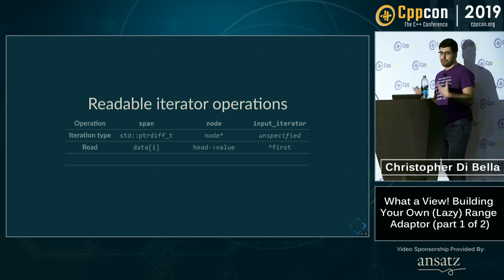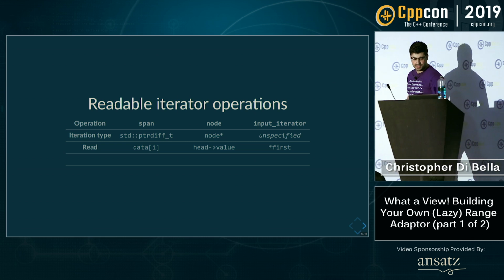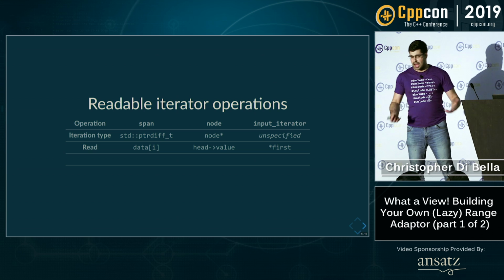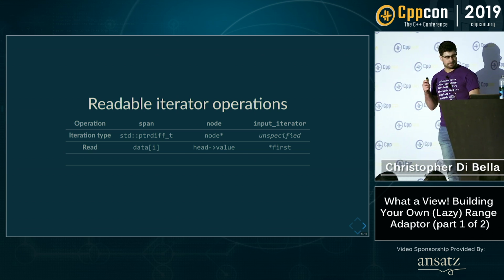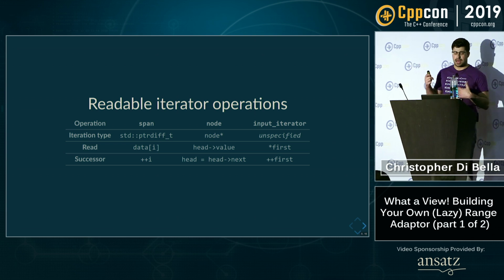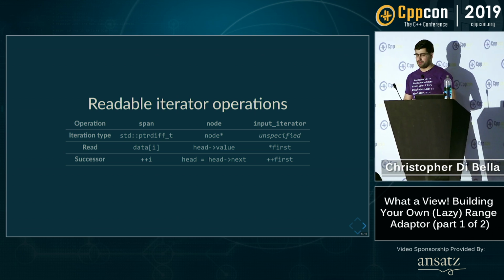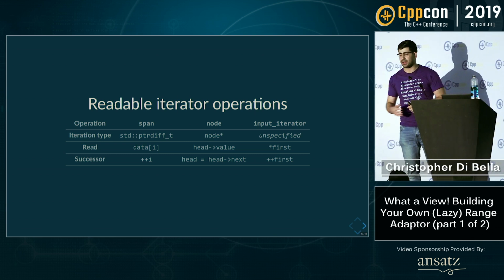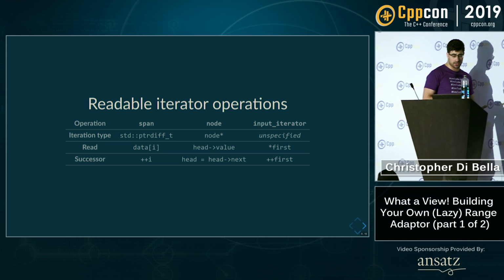For the actual operation, as I said before, it's a subscript operation or a dereferencing. These are all operations that are very similar. And for the successor, we move by increasing the index or moving the head. And in the case of the iterator, we're just going to call a successor function.